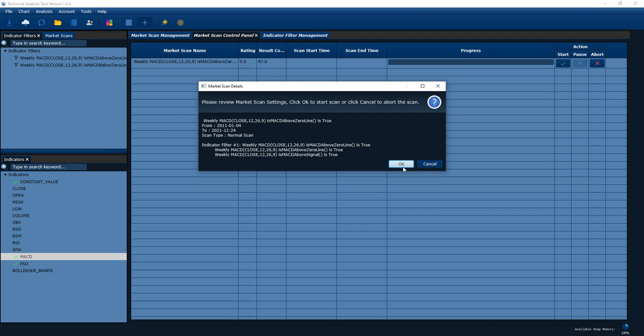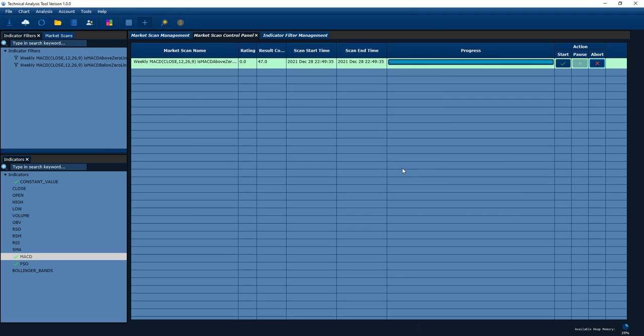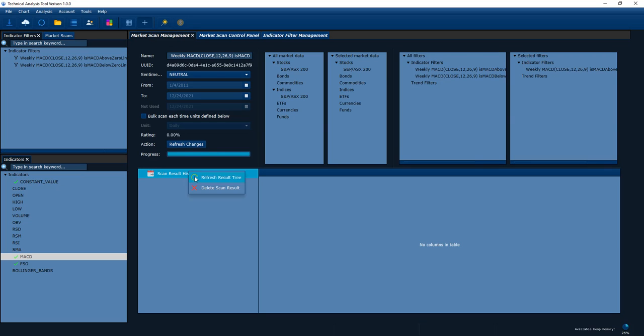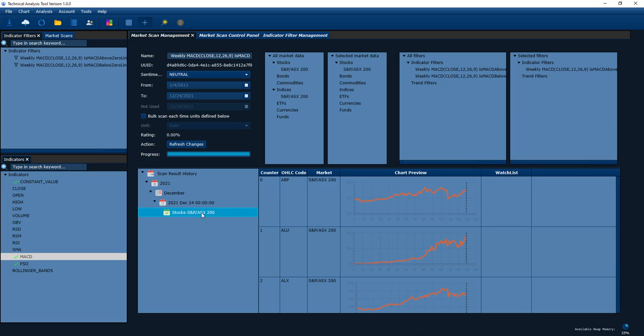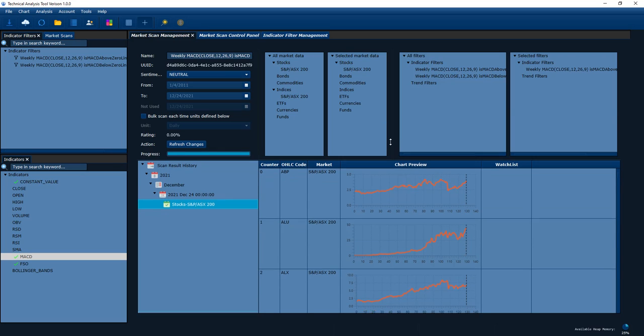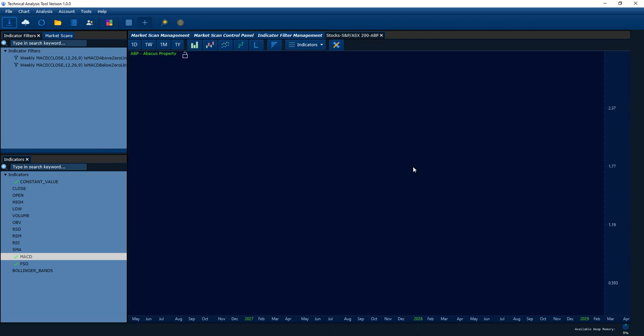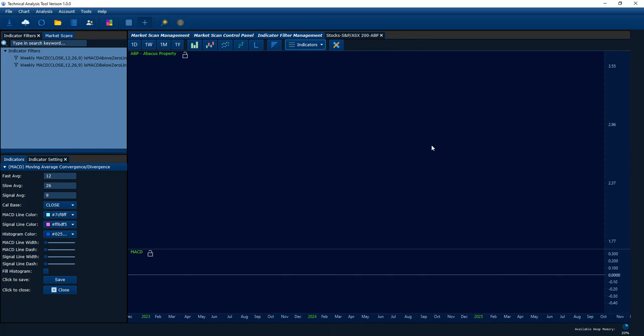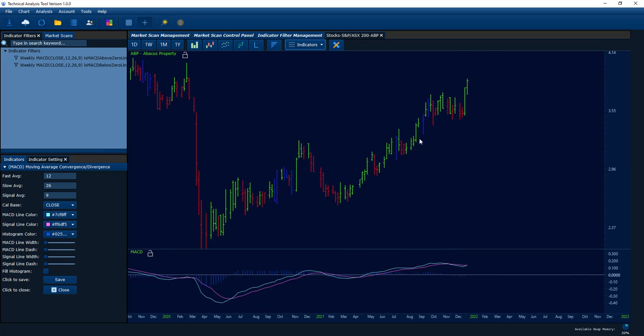So if you do this one and click OK, as you can see we have 47 results. Let's take a look at that. Those stocks fulfill these two conditions. First of all, the MACD line is above zero. Let's bring up here. Okay, so the MACD line, the light blue one, is above zero.